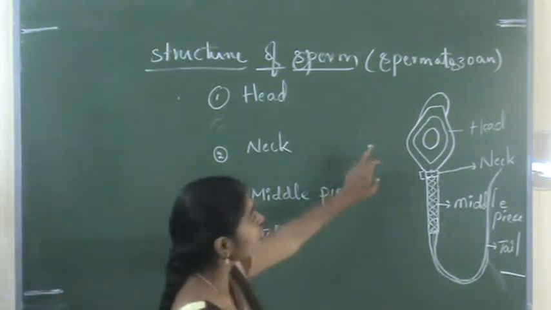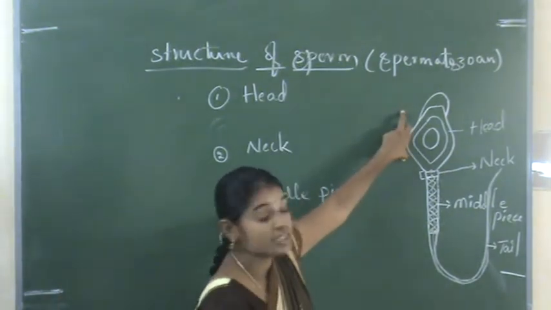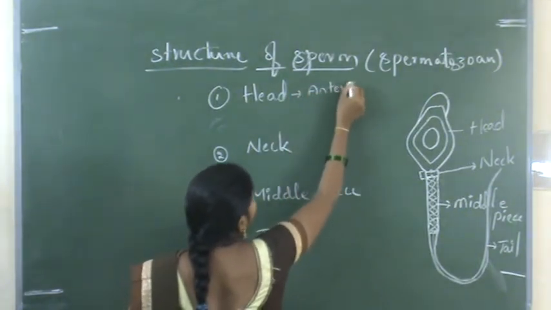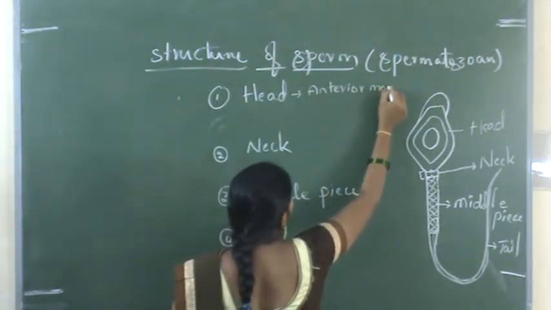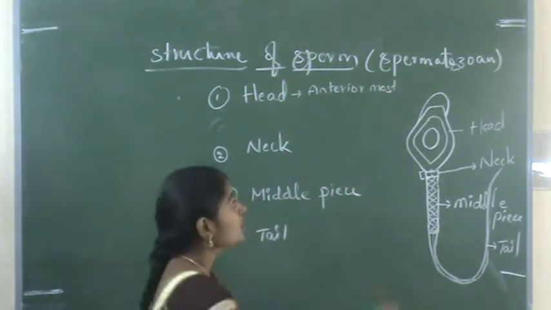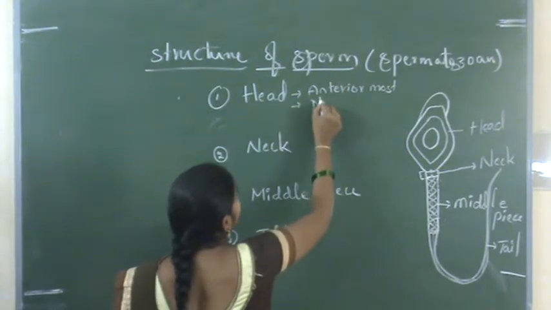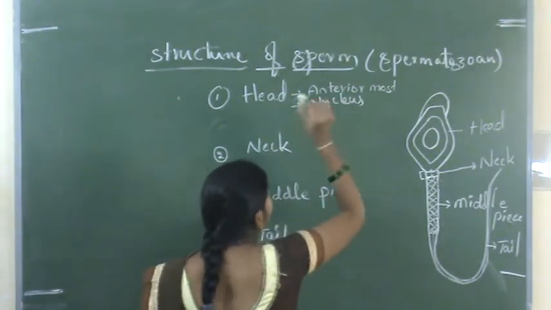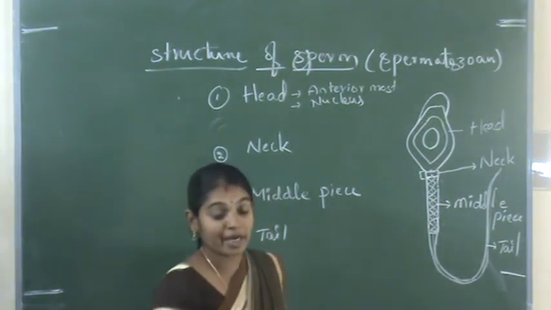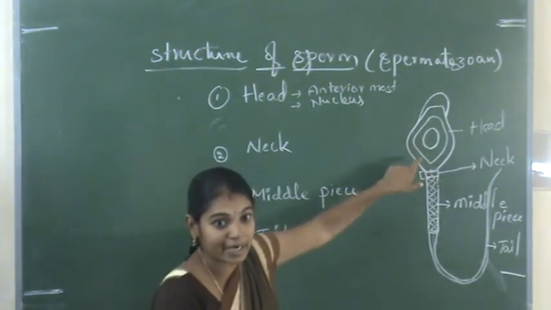Now we will come to the head part, which is the anterior-most part, and which contains a large, centrically located nucleus, that means it is located in the center of the head.